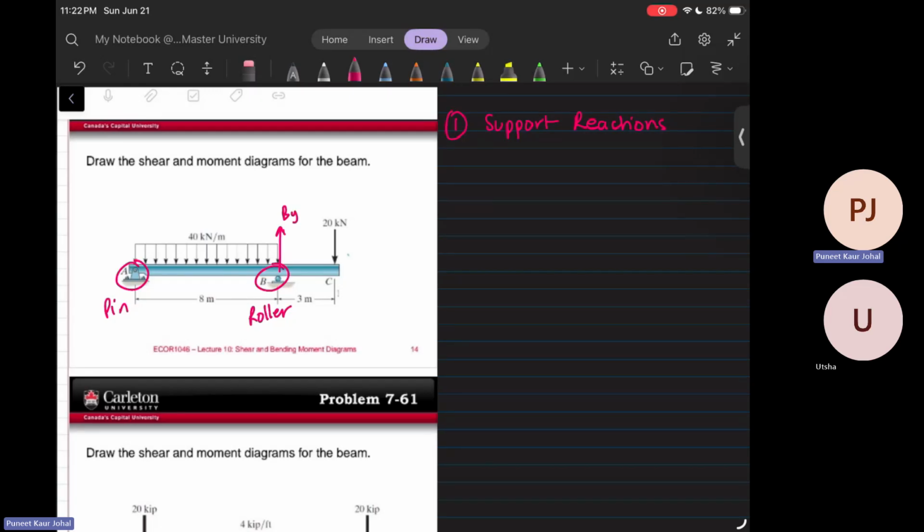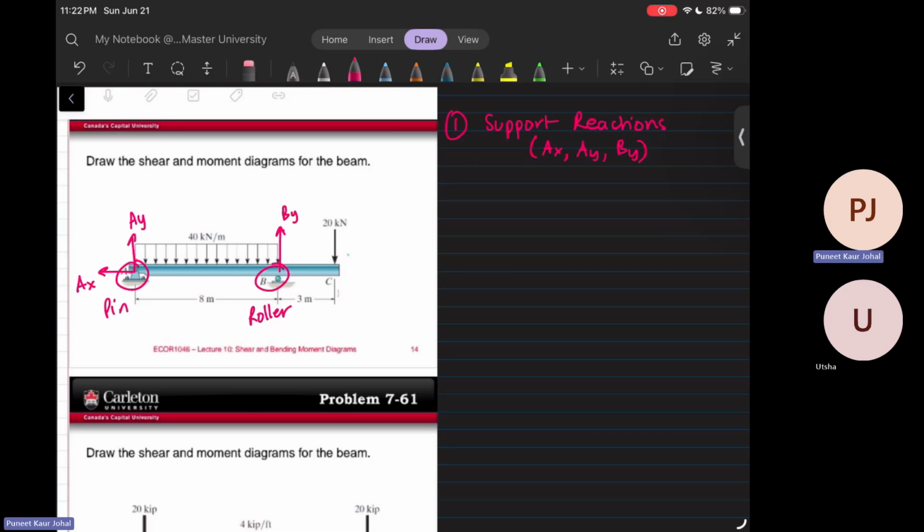A pin restricts movement in both X and Y, therefore there's going to be a reaction in the X and Y directions both. So that's the idea. So I need to find the support reactions, which are going to be AX, AY, and BY. And for that, we're going to utilize the equations of equilibrium.